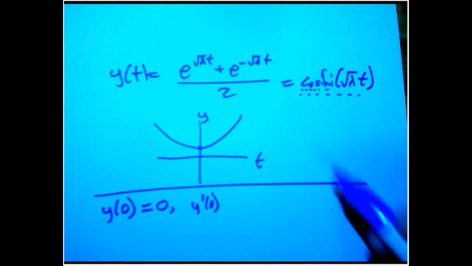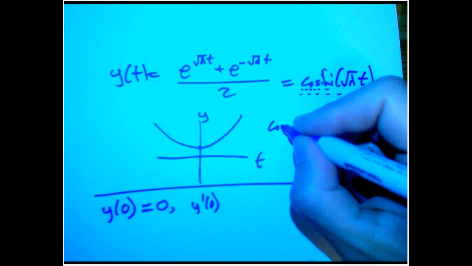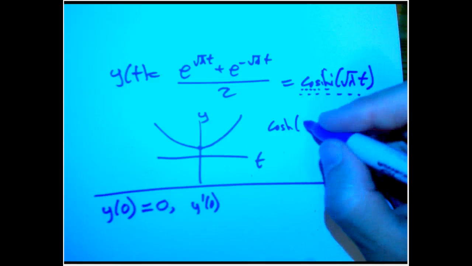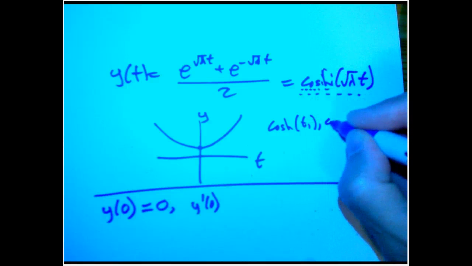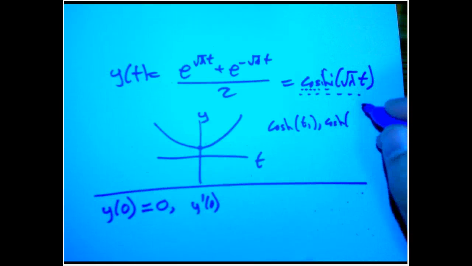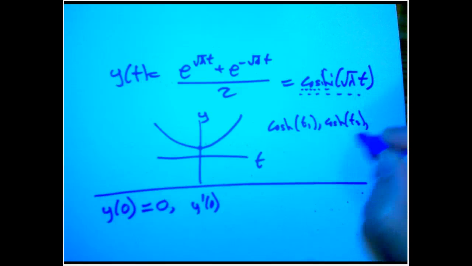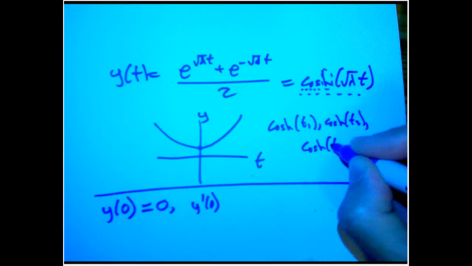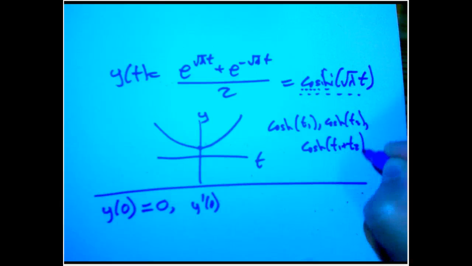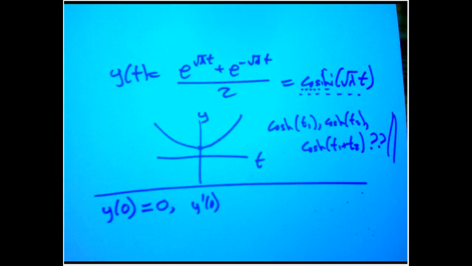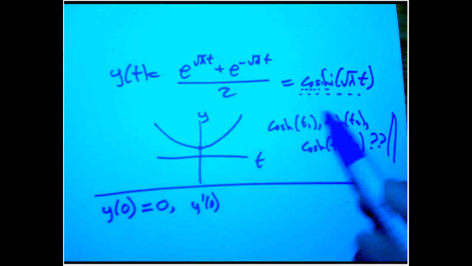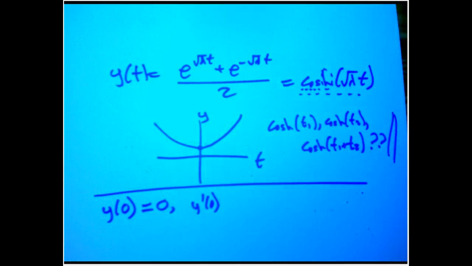And, oh yeah, does it have a nice relationship? Well, cosh of t1, let's just set lambda equal 1 for a second, cosh of t2, and cosh of t1 plus t2. If you are familiar with hyperbolic trig functions, you know that this might strike a chord that there's something going on here, but it's definitely not simply this times this.